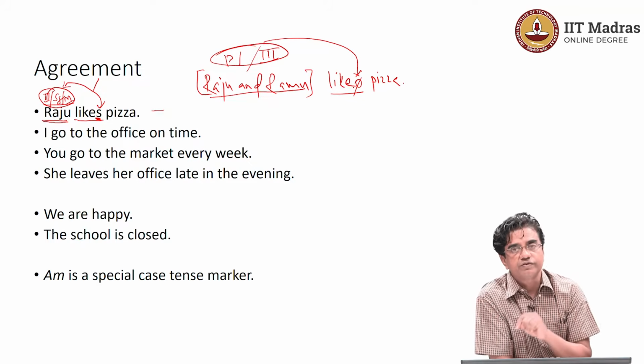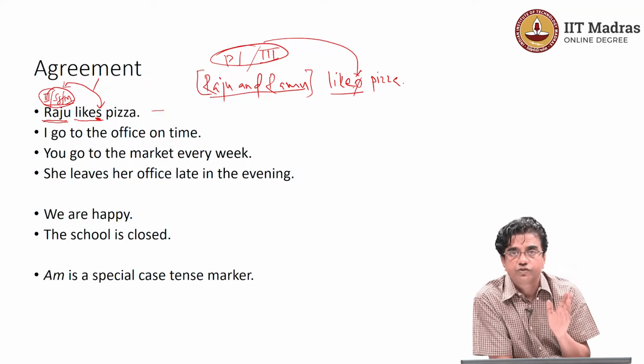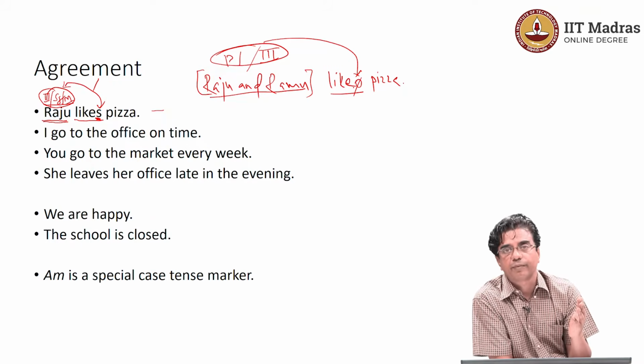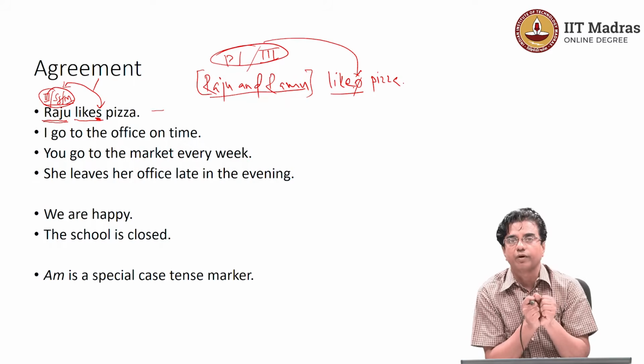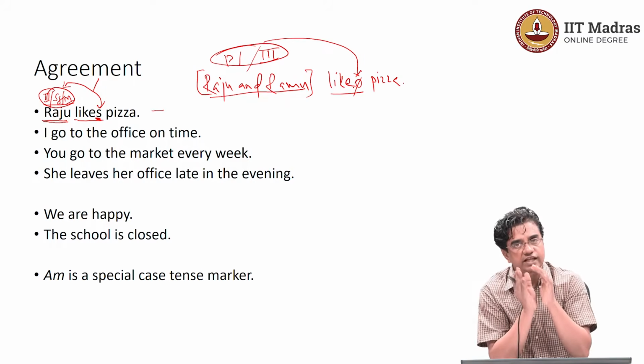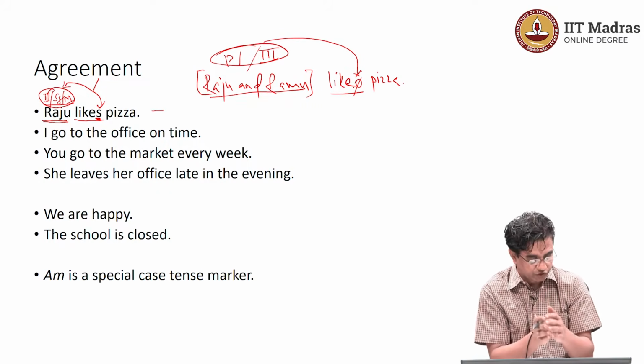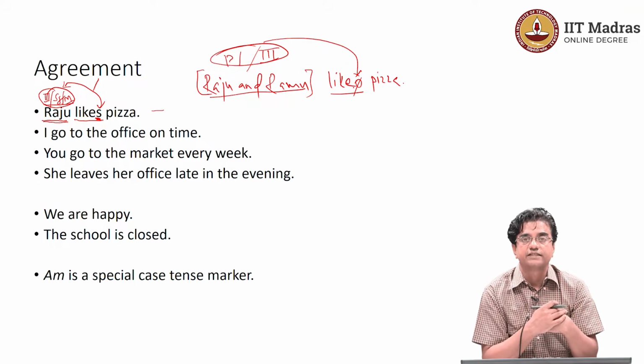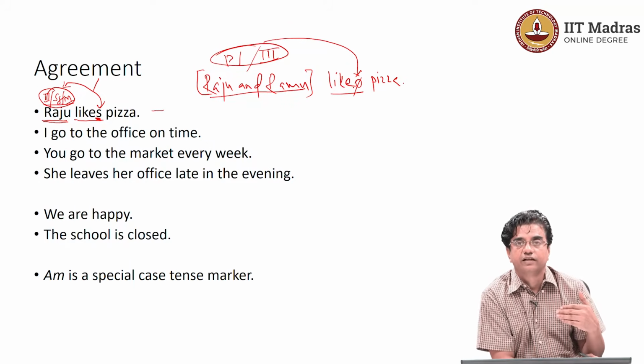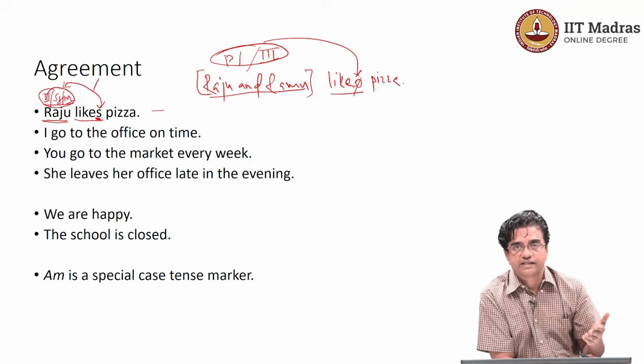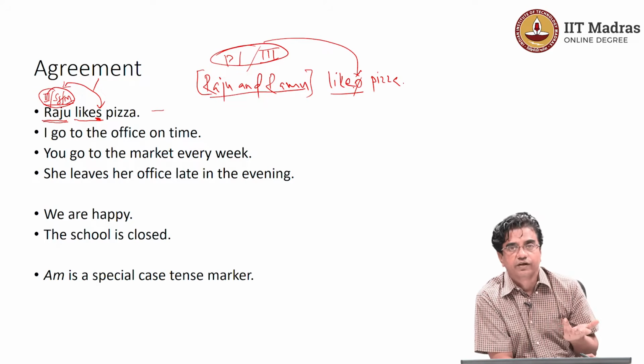So, how do we determine the features of the subject? First, we need to determine what the subject is, and then the features become apparent, and then the computation part is simple. So, that's the process. Let's look at some of these operations in actual sentences of English and see how they work.